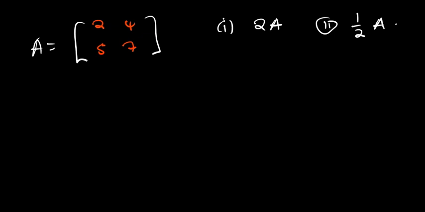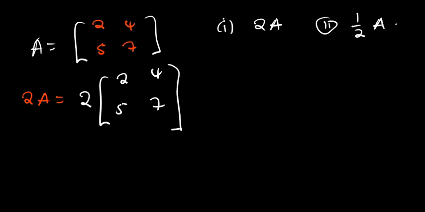So now, if I want to find 2A, this is going to be the same as 2 times the matrix. I'll put 2 there, then the matrix 2, 4, 5, 7.